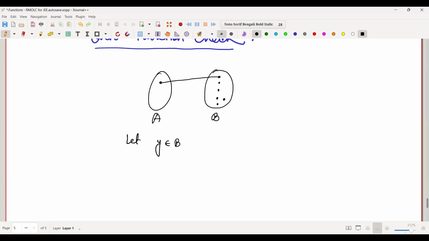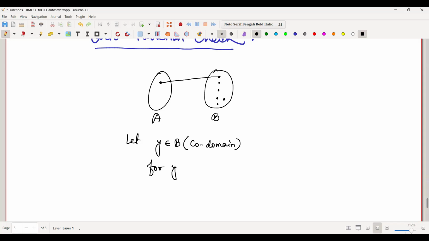That means here for checking onto function, we will take let y belongs to B, that means the codomain. Now for this we will check there exists, for y.